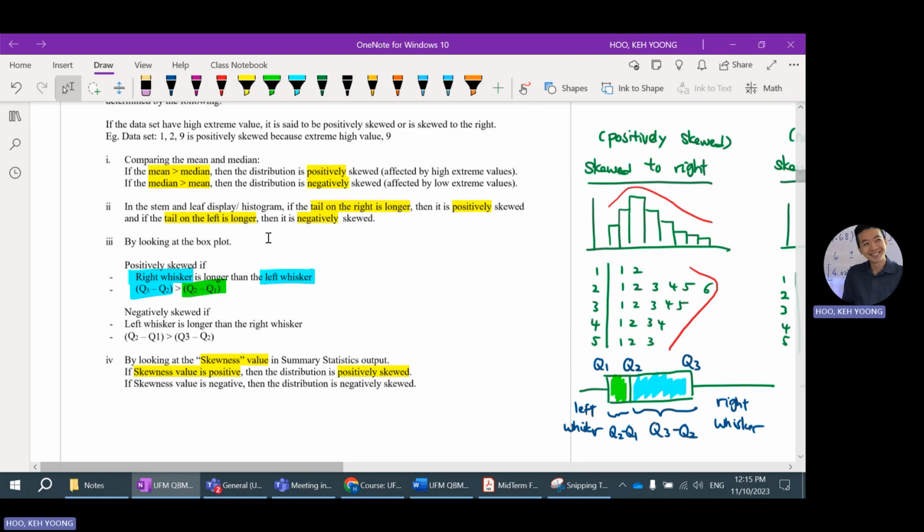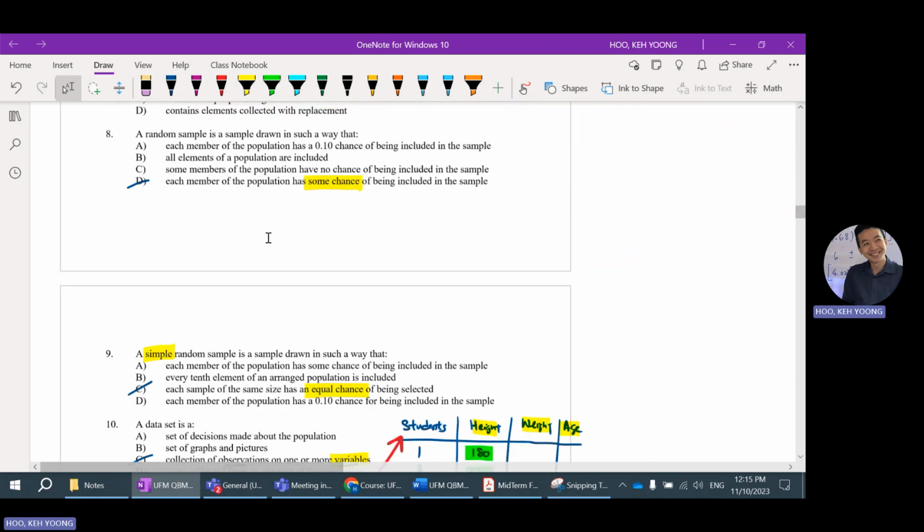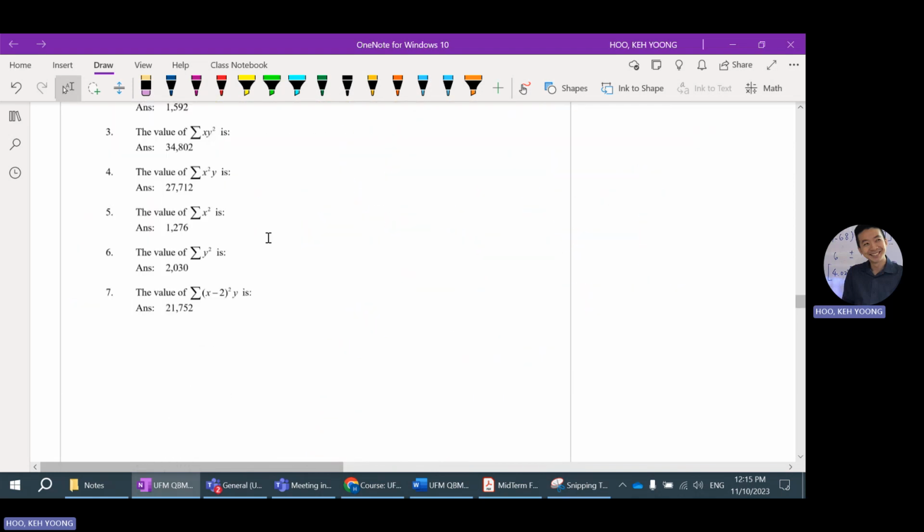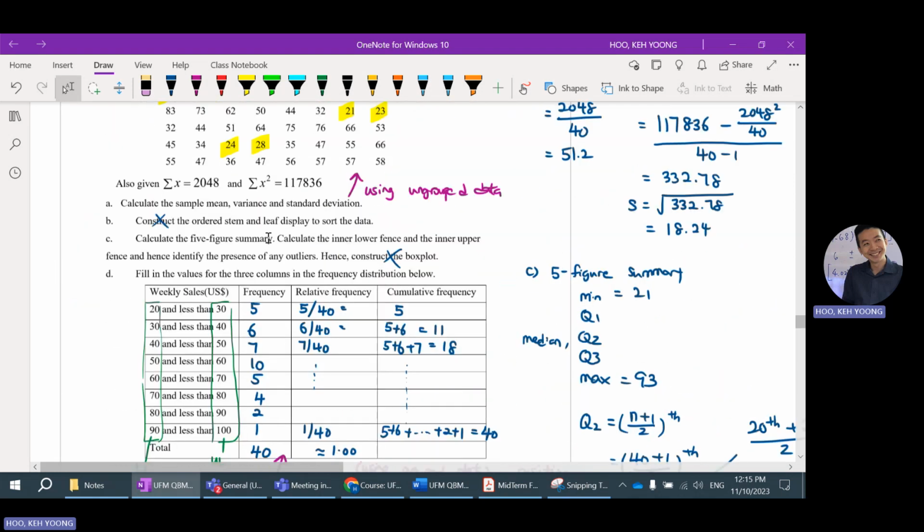Sometimes it may happen, but it will not happen in your exam. In your exam, it will be the same using all the methods. But next time, if you're dealing with real data, it may happen.